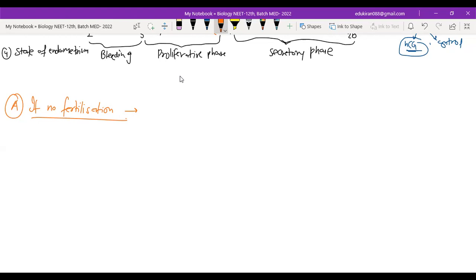Next point, the levels of estrogen and progesterone fall down, and the cycle goes back to the menstrual or bleeding phase. The menstrual cycle goes back to the bleeding phase, day 1 to 5.